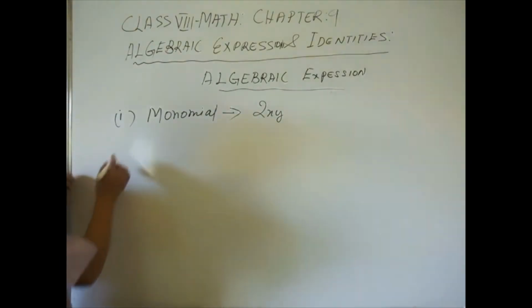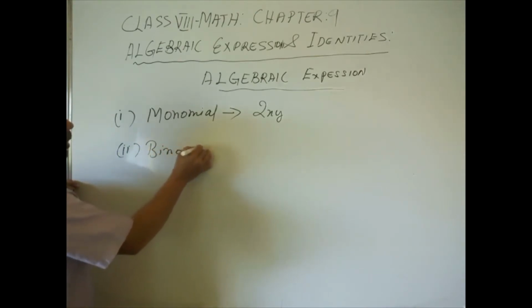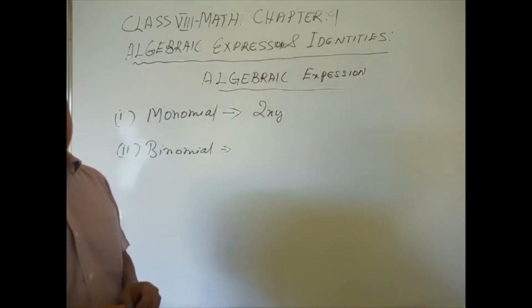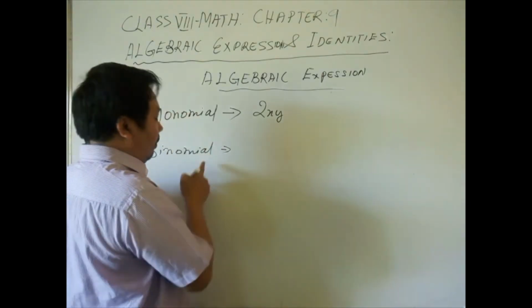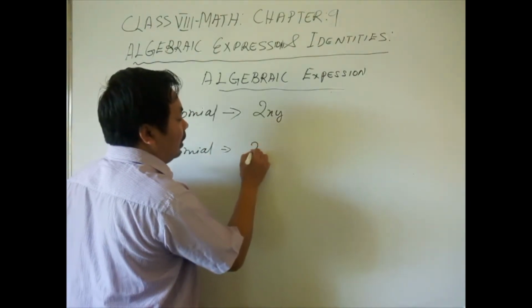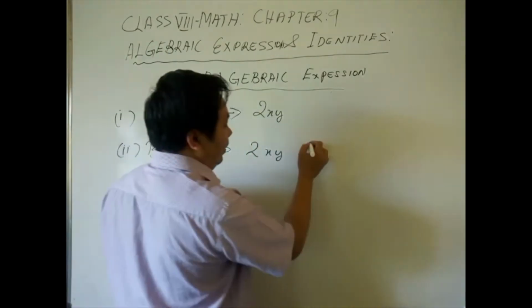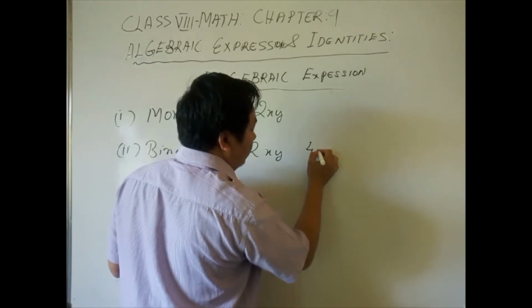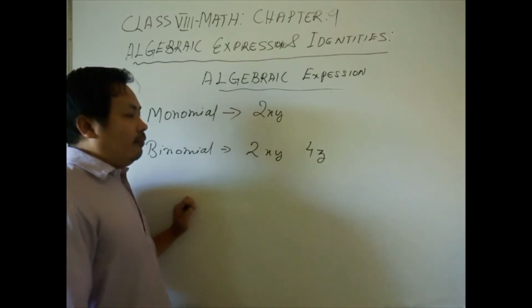Then binomial. What is binomial? Binomial: the algebraic expression which consists of two terms is called a binomial. For example, the term 2xy and, let us say, minus 4z.